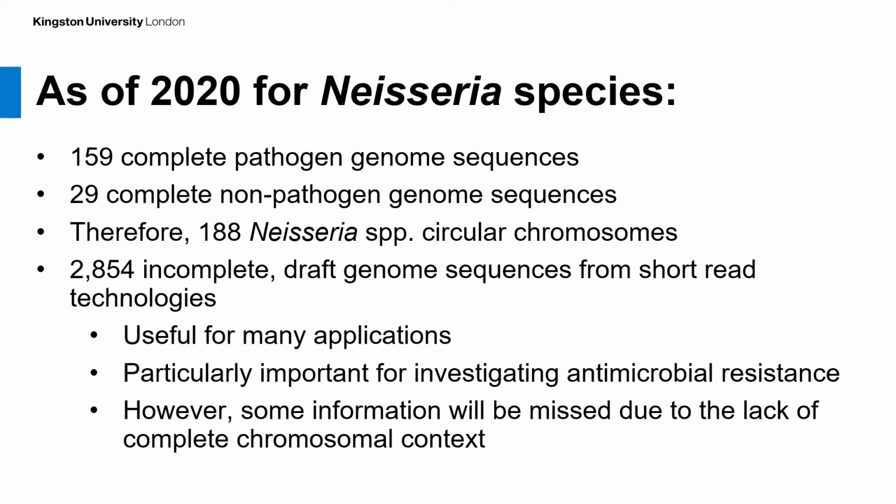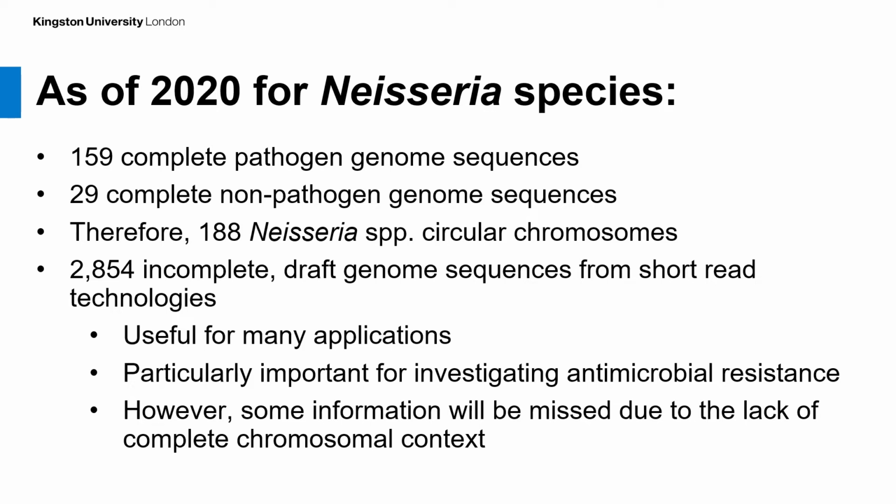So it's very rapid, very quick to just produce a draft genome sequence and get data that is necessary and useful for many applications. This has been particularly important for investigating antimicrobial resistance, which is of course a big problem, particularly for Neisseria gonorrhoeae, where it has become resistant to the classes of antibiotics that we're using clinically against gonorrhea to fight those infections.